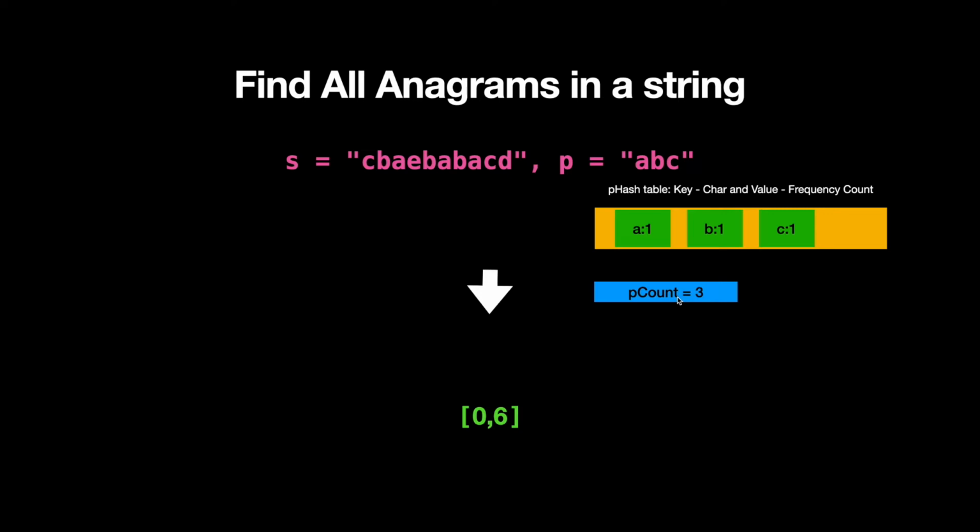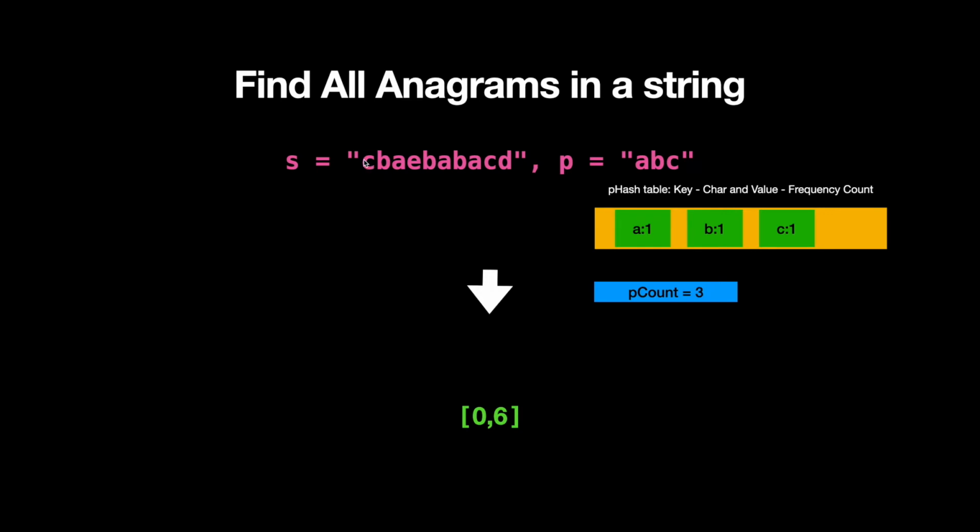In the sliding window concept, you need to have a window size. In the normal approach, we just loop through all of these elements. Instead of looping through each element, we'll be looping through a window. P count is 3, so for a window of 3, we'll be looping through these elements.